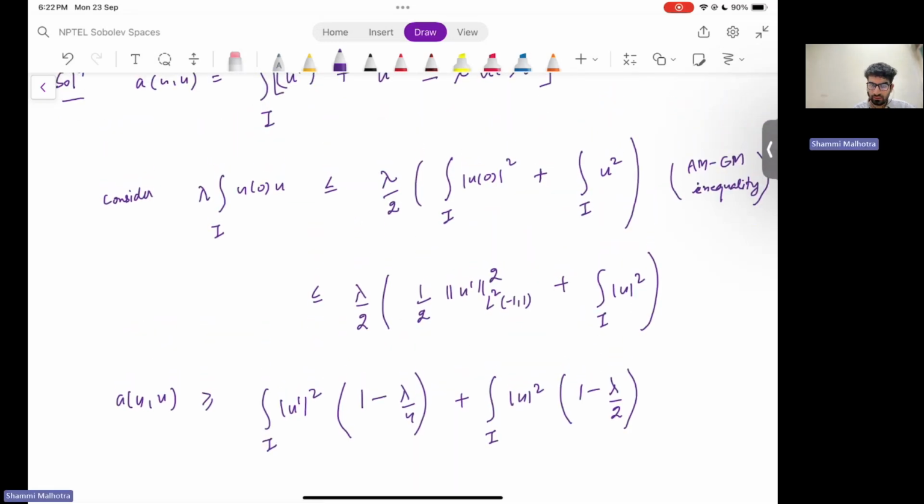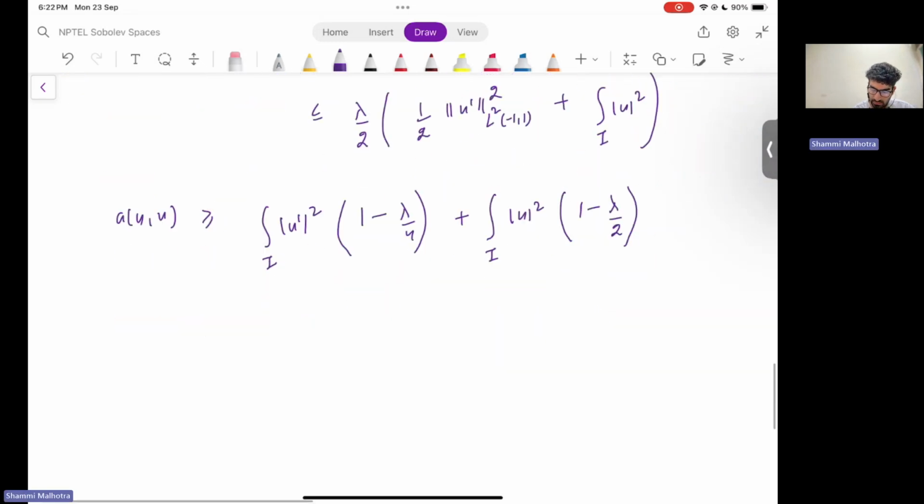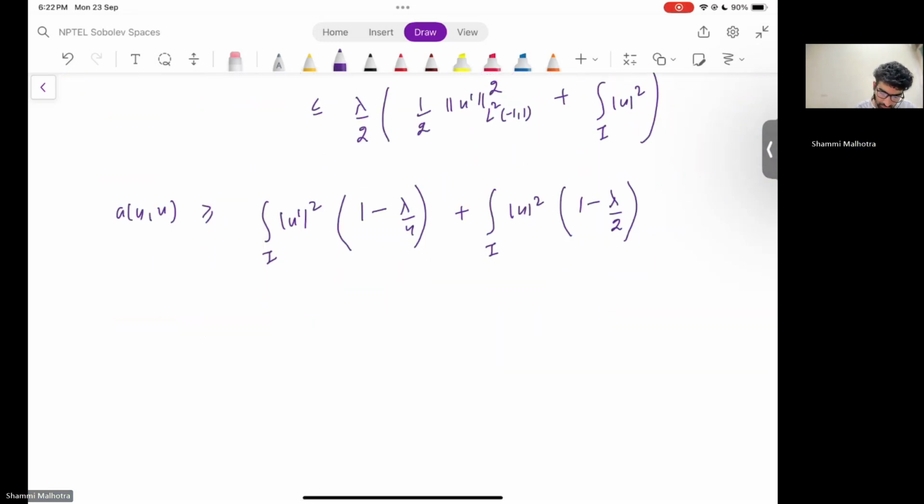Once we have this, since my mod lambda is less than 2, this whole thing can eventually be done in terms of the norm only, and it has positive coefficients because mod lambda is less than 2.